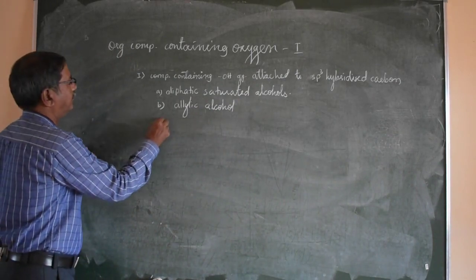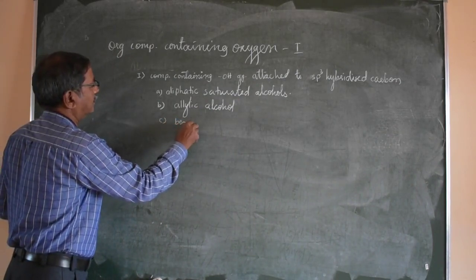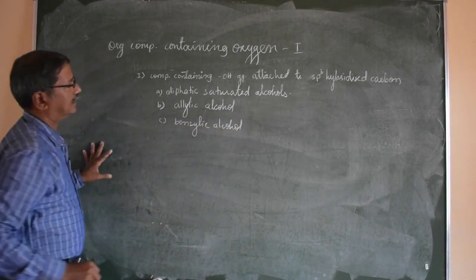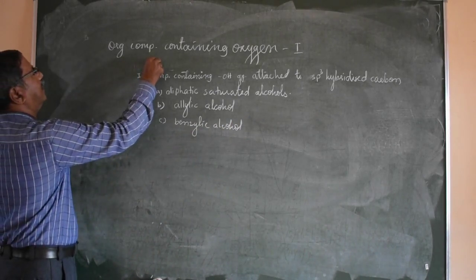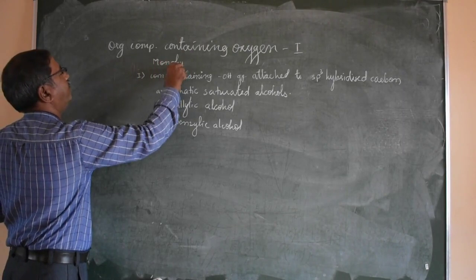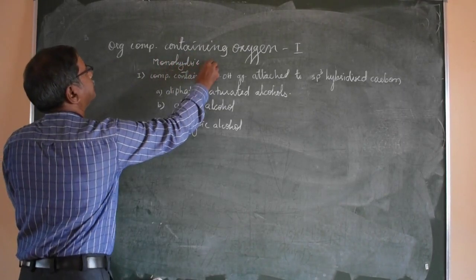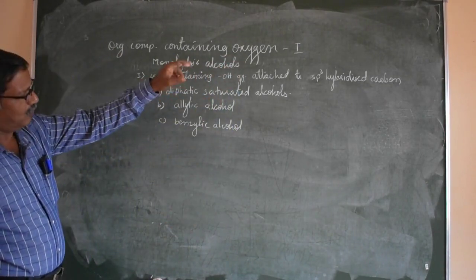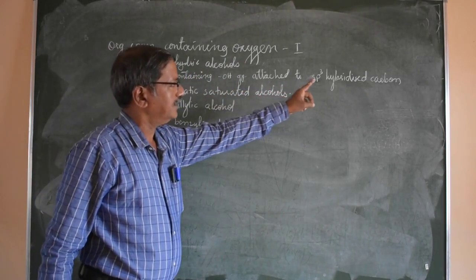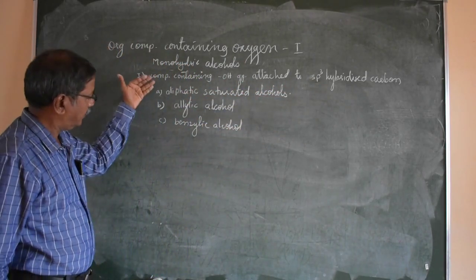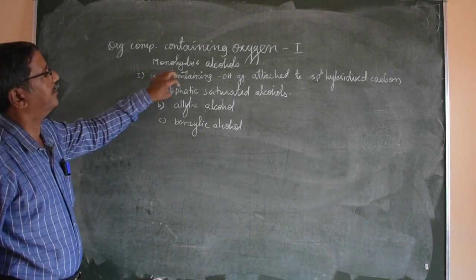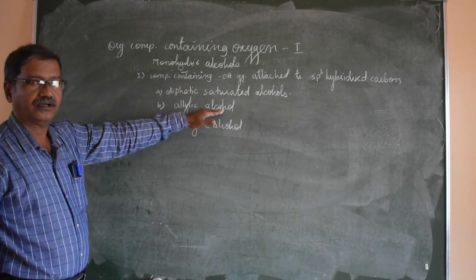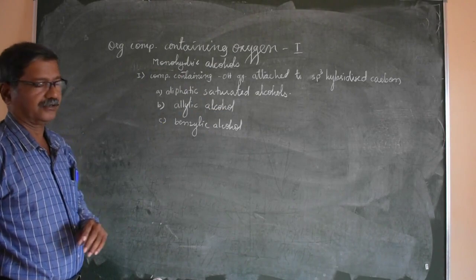And the third type is benzylic alcohol. So monohydric alcohols are classified into two categories. One is compounds containing an OH group attached to an sp3 hybridized carbon, where we have three types: saturated aliphatic alcohol, allylic alcohol, and benzylic alcohol.